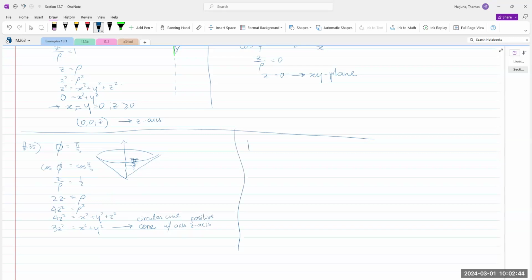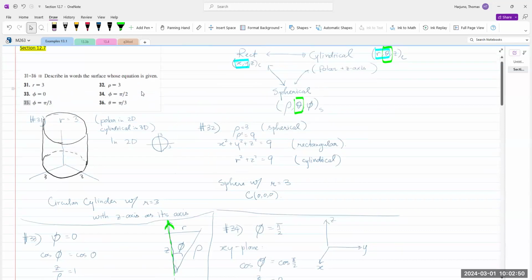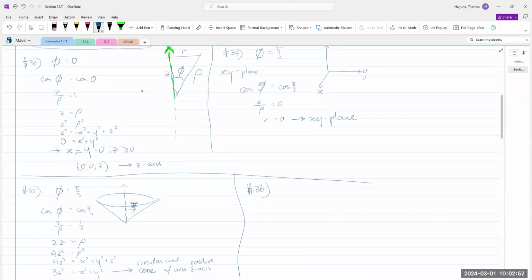Okay, number 36. We have theta equals pi over 3. But for theta we use tangent, tangent pi over 3, but tangent is y over x. That's radical 3, so y equals radical 3 x.